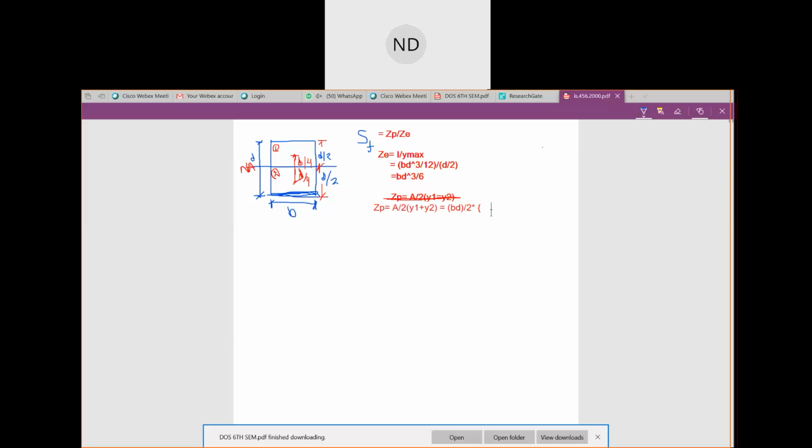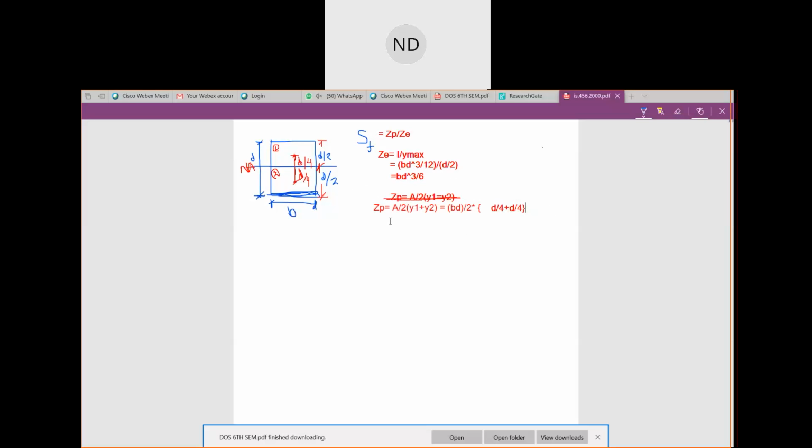With this bracket, if you do, how much is your y1? Your y1 is now d by 4 plus d by 4. That is y1 d by 4, y2 d by 4.